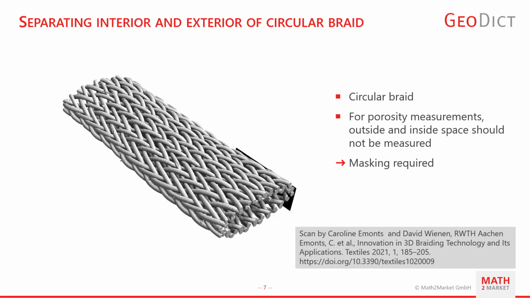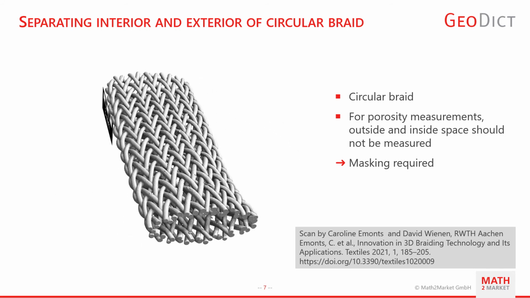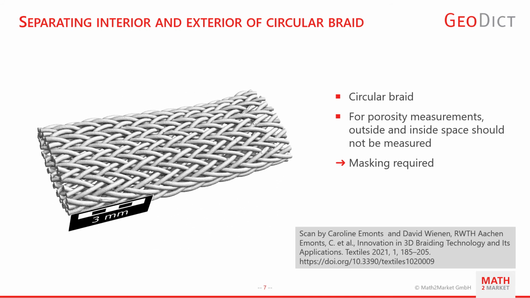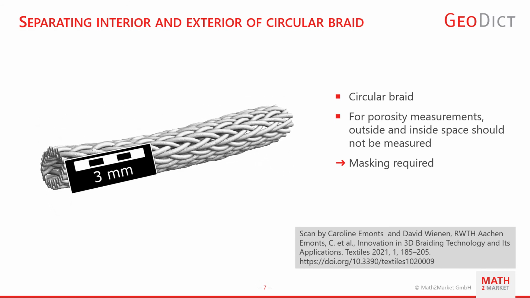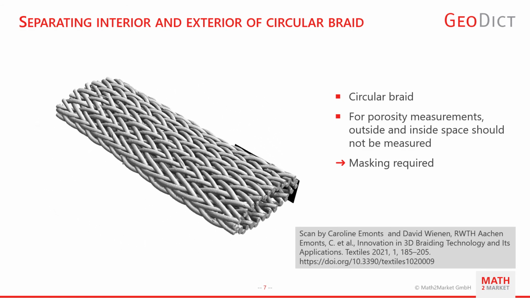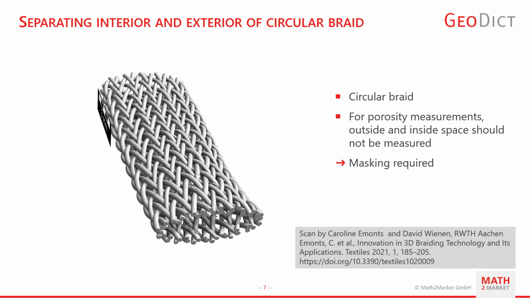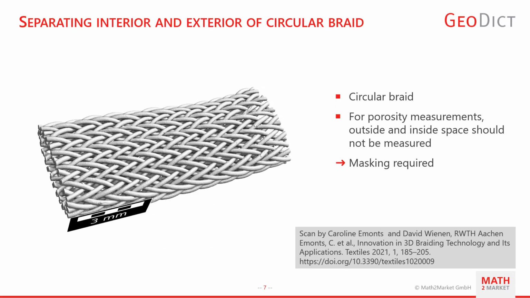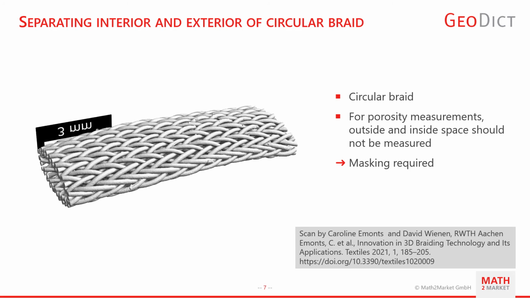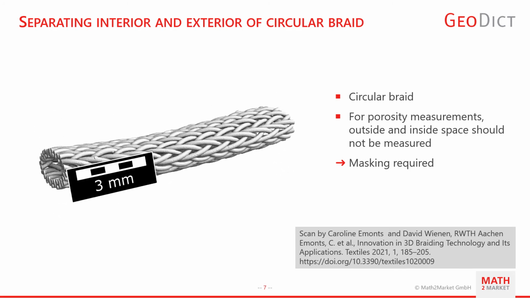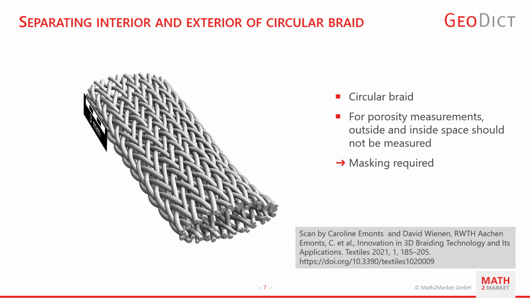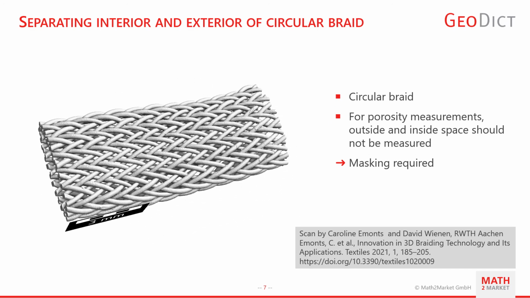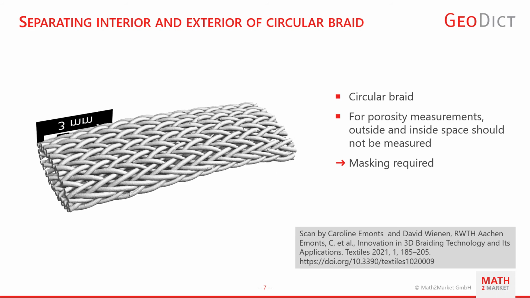And for this braid, we want to separate the space outside of the braid and also the space that is inside of the tube from the actual pores that are in the braid to analyze the porosity. And to do this, we need to do some kind of masking. That kind of masking can be required more or less often, depending on the sample.